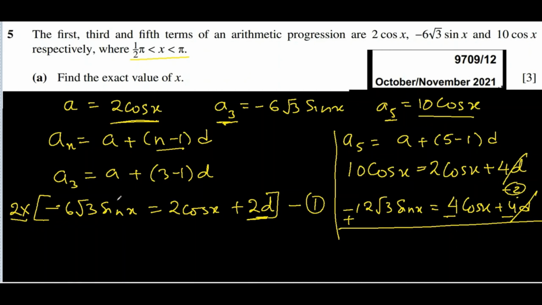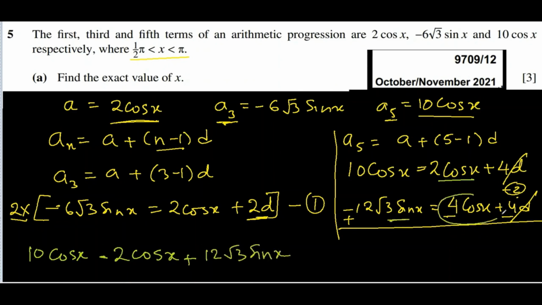Now we can write the rest of them in clear form. It becomes 10 cos x, and let's bring this to the left side. It becomes minus 2 cos x, and then plus 12 square root 3 sin x, which is already on the left side.